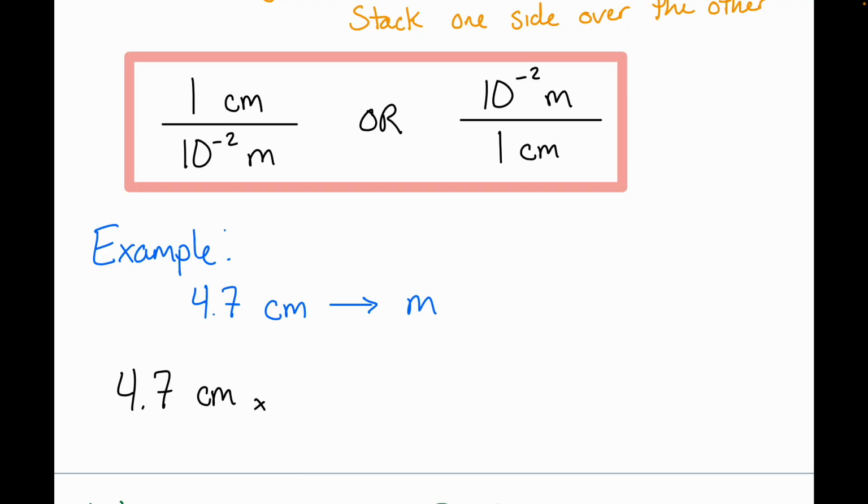All right, so how am I going to pick, the one on the left or the one on the right? Importantly, we're trying to get rid of those units of centimeters. We're trying to end up in units of meters. So we're going to select the conversion factor that will allow us to cancel units of centimeters and be left with units of meters. And what do I mean by cancel?